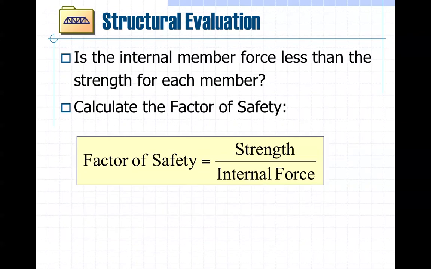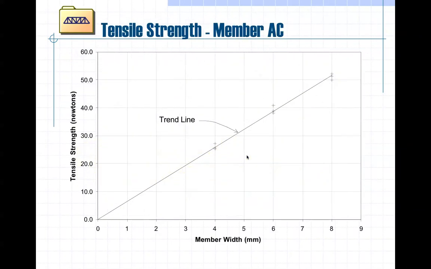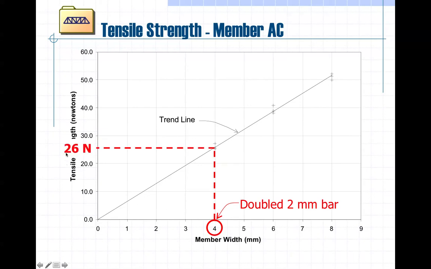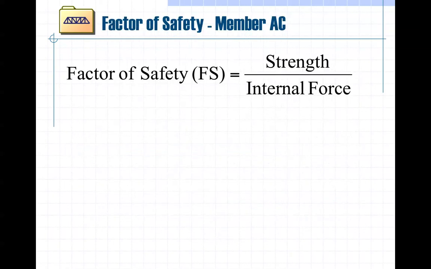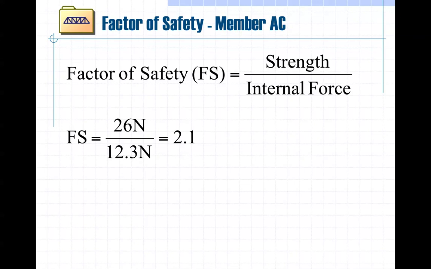Okay. So we'll figure out the factor of safety that they used. So here's the tension graph that we got from our laboratory. And it plots strength against width. Our doubled 2mm bar is equivalent to a single 4mm, and it can withstand 26 newtons before it breaks. And you may remember the force in there was 12 or something like that.